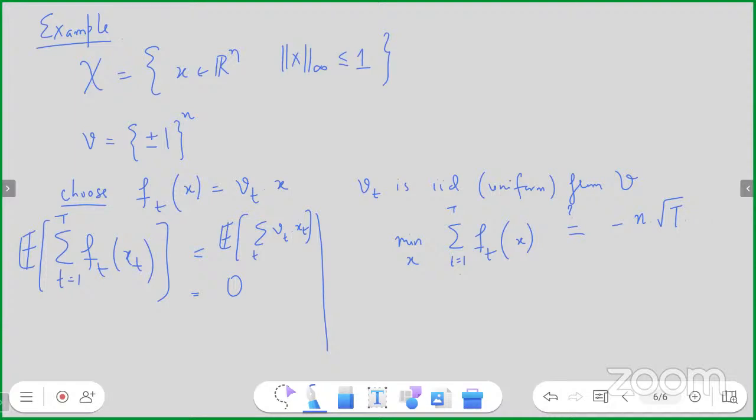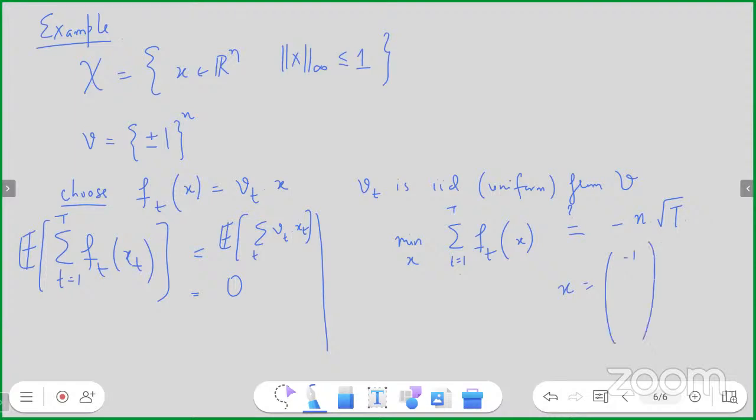Understand what this means, right? VTs are revealed to you, but they're still uniformly random. So if you choose an x which is putting a -1 wherever there is a +1, at some places you will get a hit and at some places you will get a miss. You would like all of them to be minuses because that's what you're trying to do. But once you fix a minus, you'll also get multiplied with another minus, which is coming from VT itself. See, x is what you're choosing once. So x is the n length vector you're going to choose for yourself, depending on whatever you're going to see.